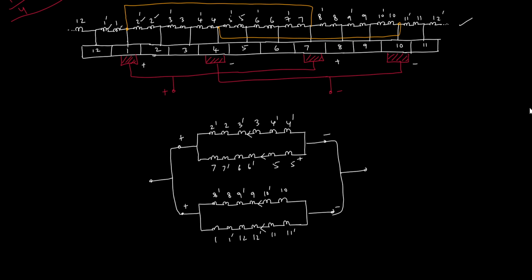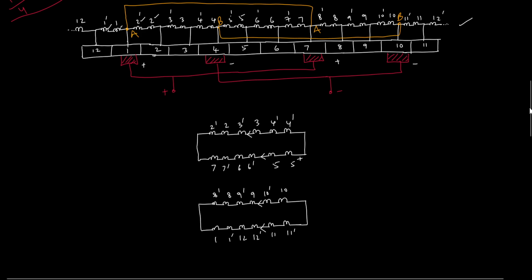Let me say this point is A, and this point is B. Both are shorted, so I represent them with the same alphabet A and B. Let me remove this for the time being. Now this side is A and this side is B. Take these coils between A and B.